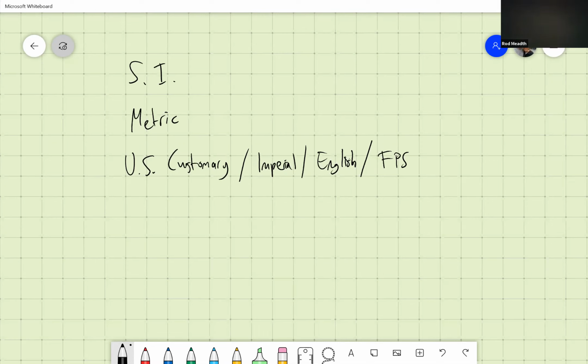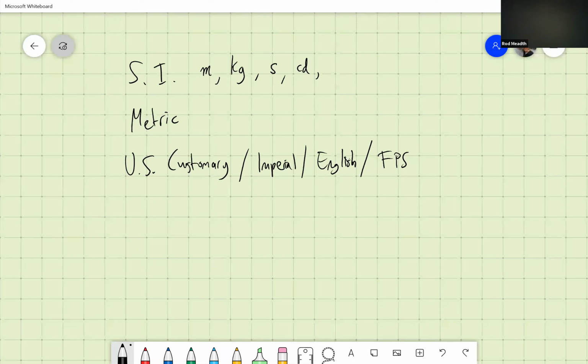We measure length, I'm going to put the actual unit, in meters, little lowercase m. We measure mass in kilograms, lowercase kg. We measure time in seconds, lowercase s. We measure luminous intensity in candela, lowercase cd.